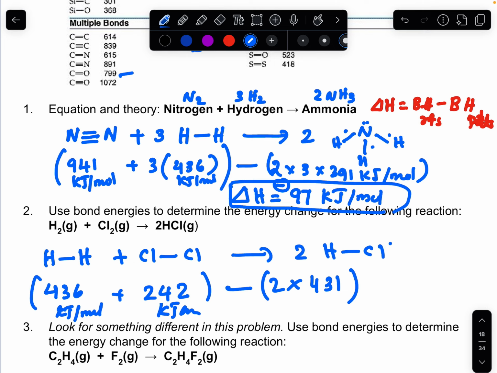Okay, so after this question, I'll skip the calculation part because that is taking too much time. You can calculate. So 436 plus 242 minus 2 times 431.